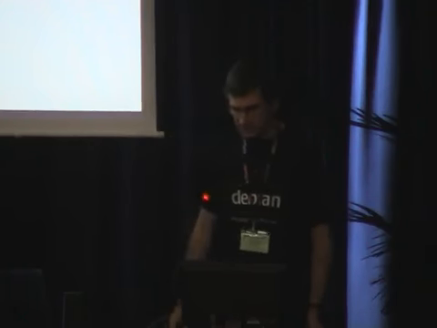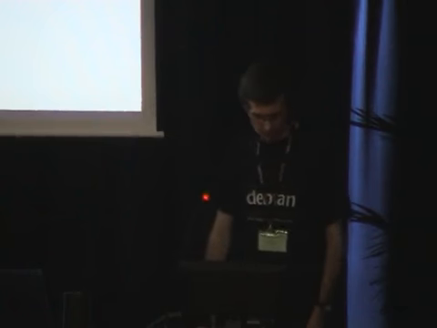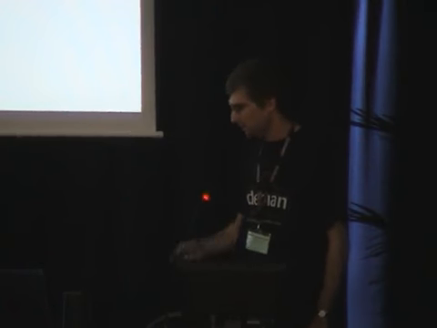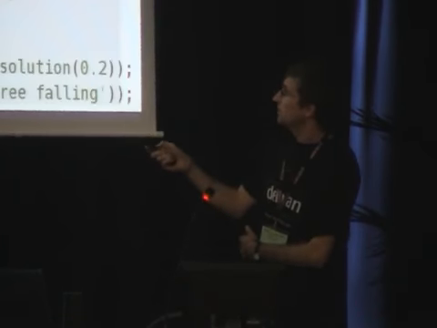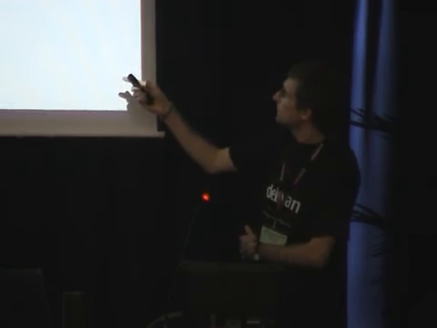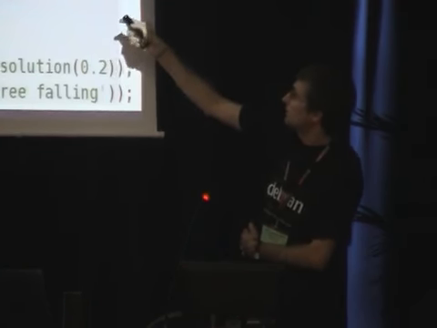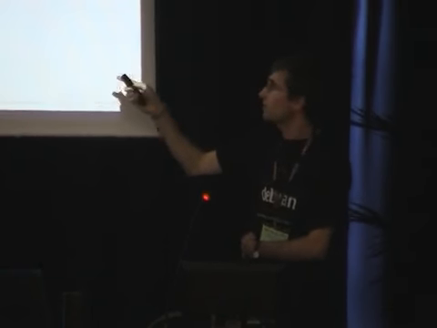So, since this is a programming conference, I feel I have to tell you a bit about programming. This has a colon here after the dollar, which makes it a named parameter to the block. Let's take gravity instead. It is enclosed in the block, so this is the named parameter to the block.